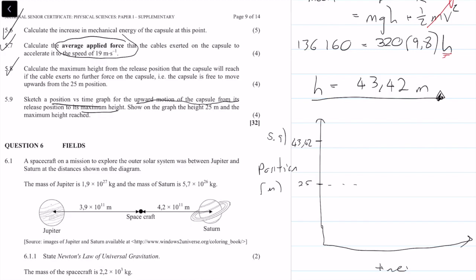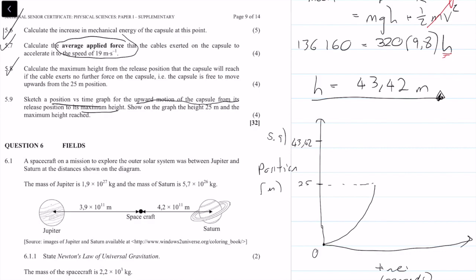Remember, we can put a 0 point right there. Time is in seconds. Remember, until it goes to the 25 mark, it's accelerating because it has the tension in the cable. So it's going to look something like that.